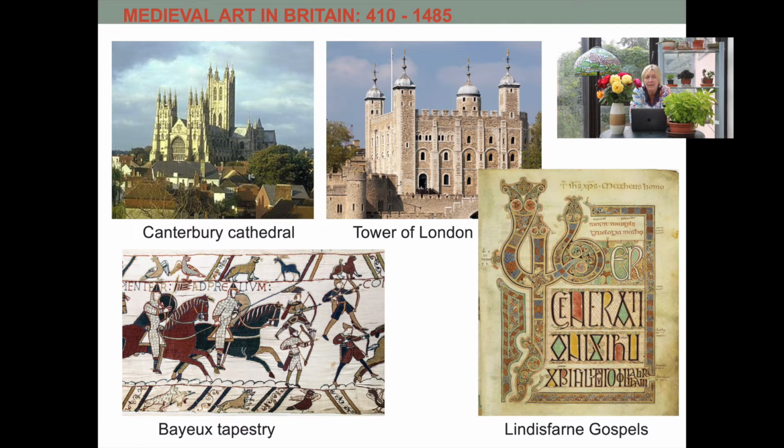We have another wonderful work of art, which is the Bayeux Tapestry, a handcrafted embroidered story of the Norman conquest, of the Battle of Hastings, and basically how King or Prince William the Bastard of Normandy became King William the Conqueror of England.